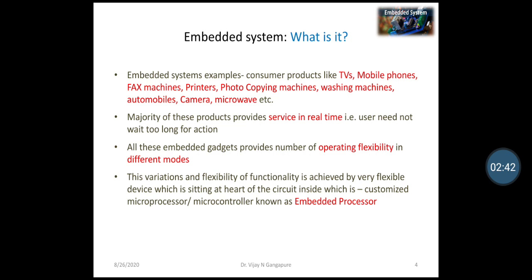Most of these examples are consumer products like TVs, mobile phones, fax machines, printers, photocopying machines, washing machines, automobiles, camera, microwave, etc. So all these consumer products are embedded systems. Majority of these products you have at home.